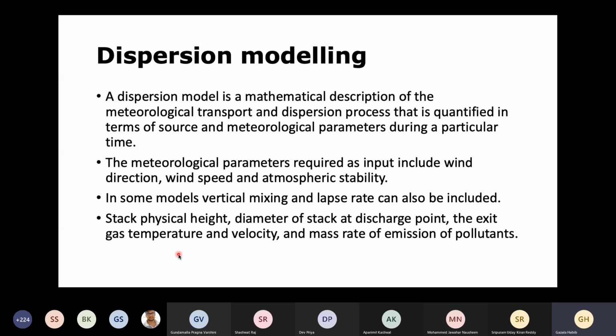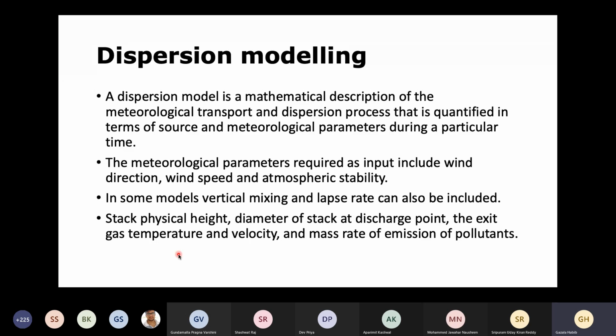A dispersion model is a mathematical description of meteorological transport and dispersion process that is quantified in terms of source and meteorological parameters during a particular time. So basically, two major inputs which go into the model are source characteristics and meteorological parameters.